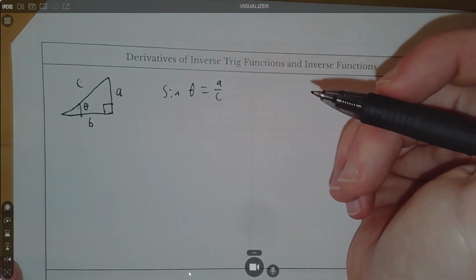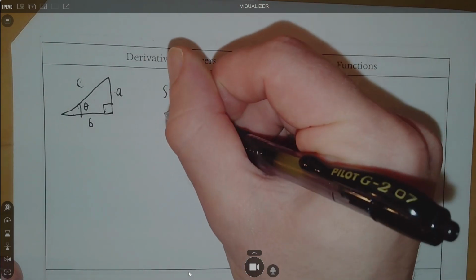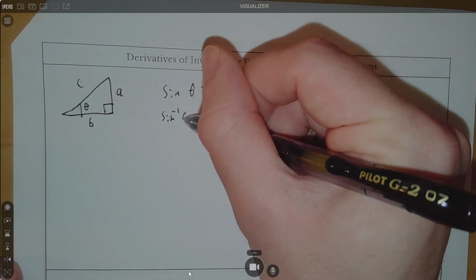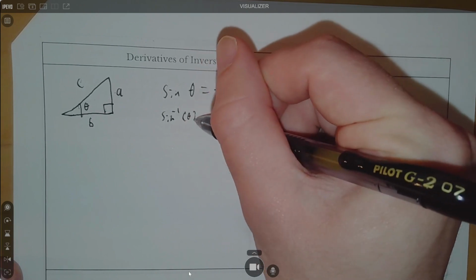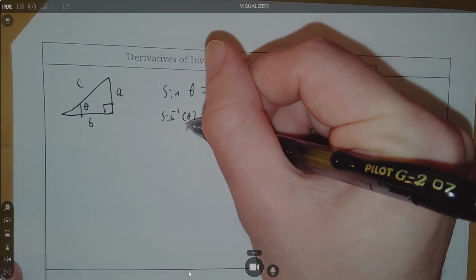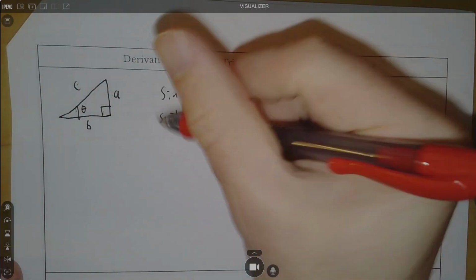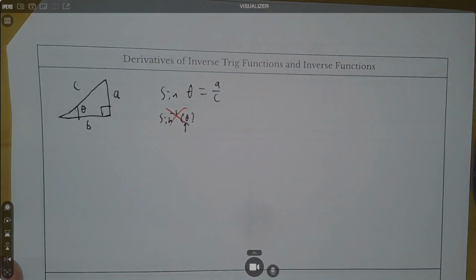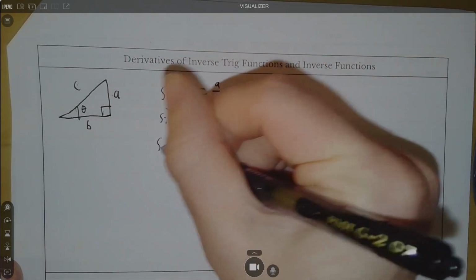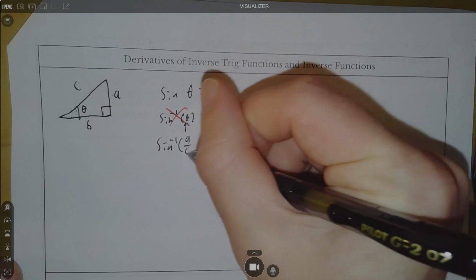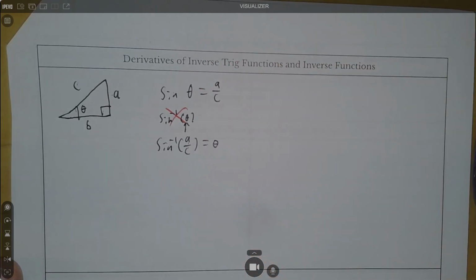What does inverse sine do? Well, you have the inverse sine, which is shown by this notation, although I'll show you a different notation in a second. You don't put in theta, right? You do not do this. What you actually do with inverse sine is you put in the ratio, A over C, and it gives you back the theta.